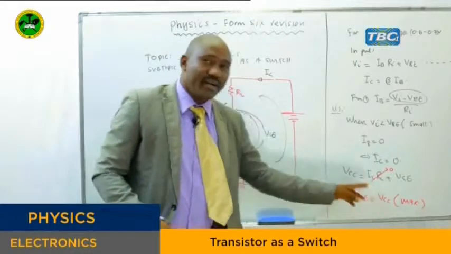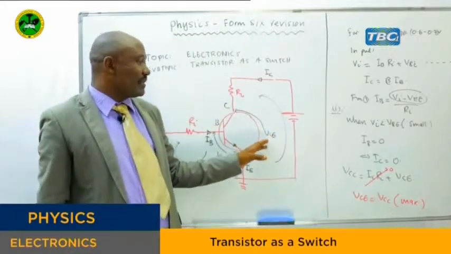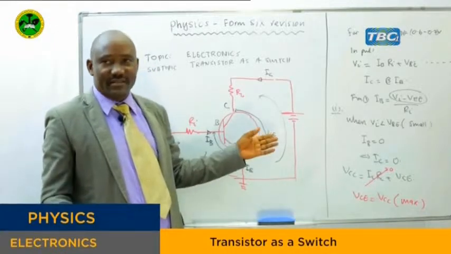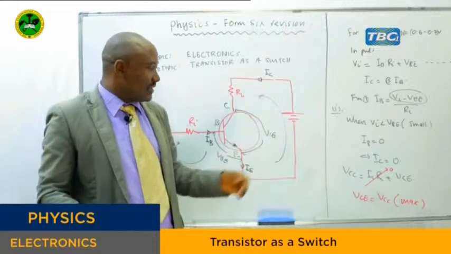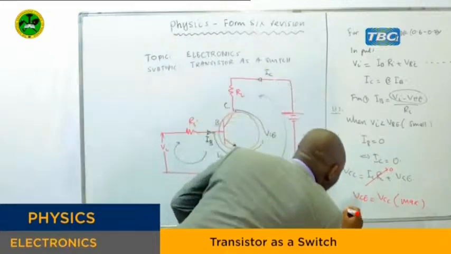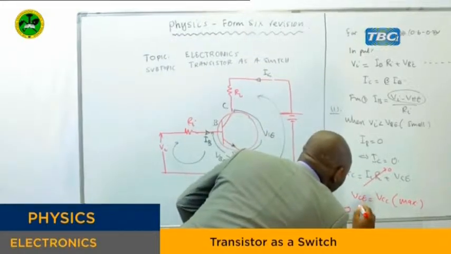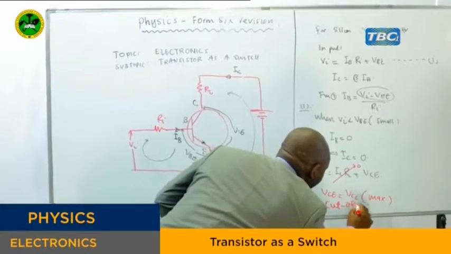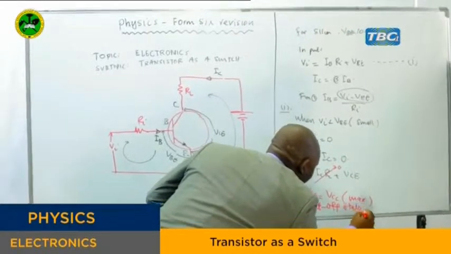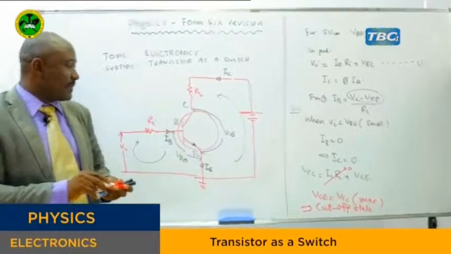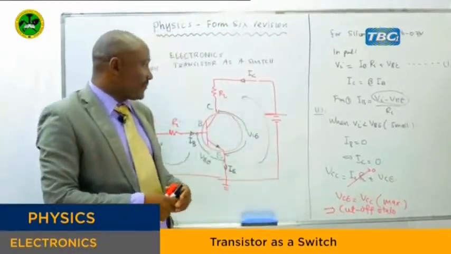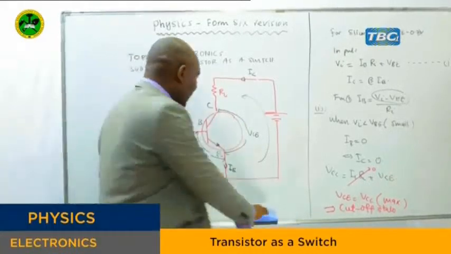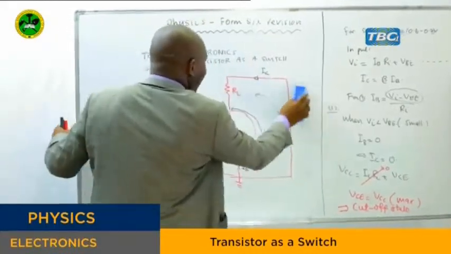This transistor will behave as if it has very large resistance, and very large resistance means no current flows through it. So remember, in the cutoff state of a transistor, VCE equals the maximum power supply. That's one condition.